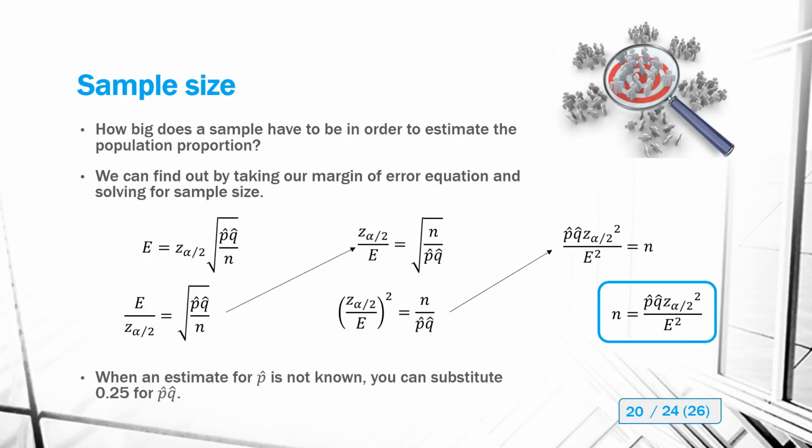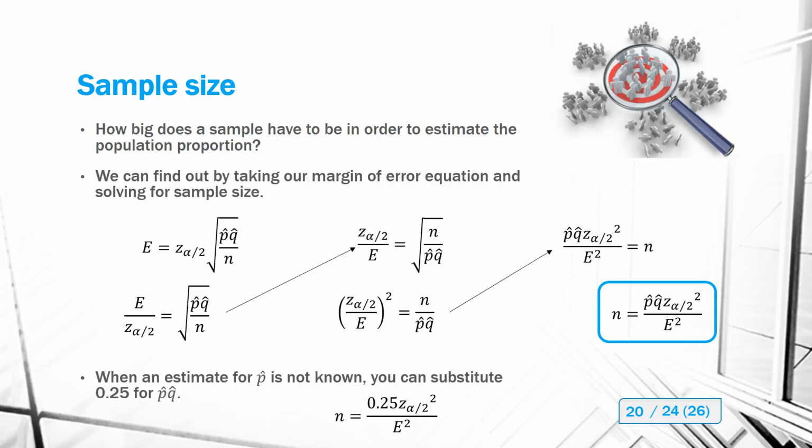Now we don't always know what p hat is, and if that's the case, then we just substitute 0.25 in for p hat q hat. That reduces our equation to 0.25 z squared over e squared. Where does the 0.25 come from? Well, if we don't know what p hat is, the most likely estimate for p hat is going to be 50%.